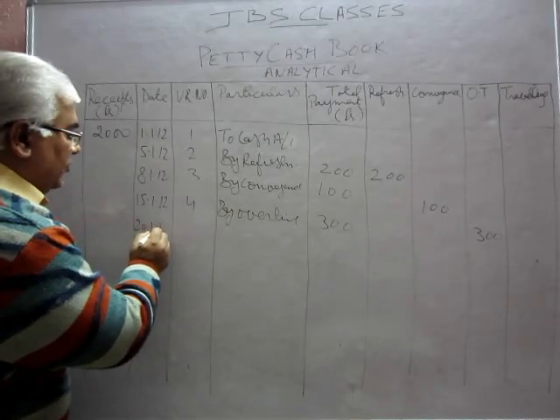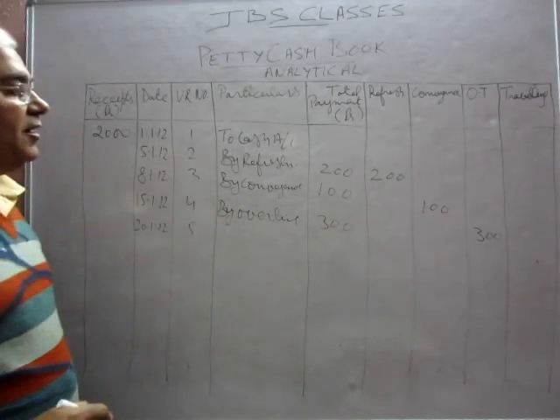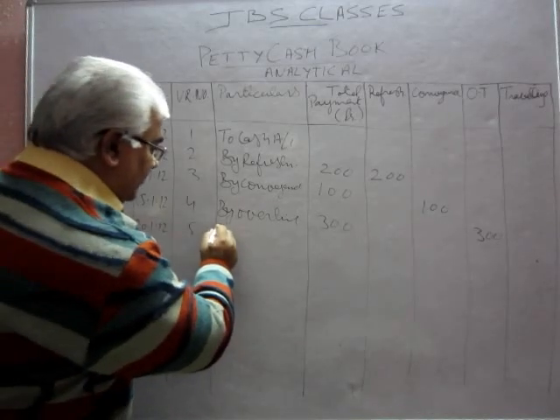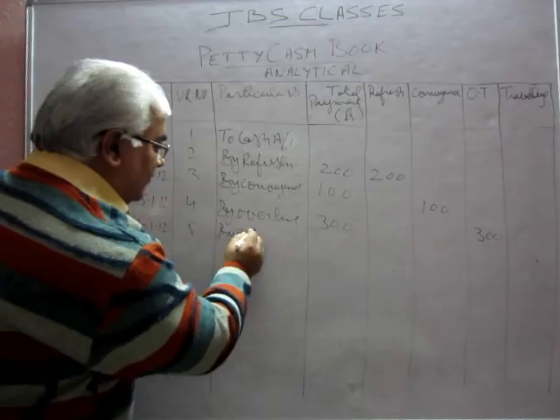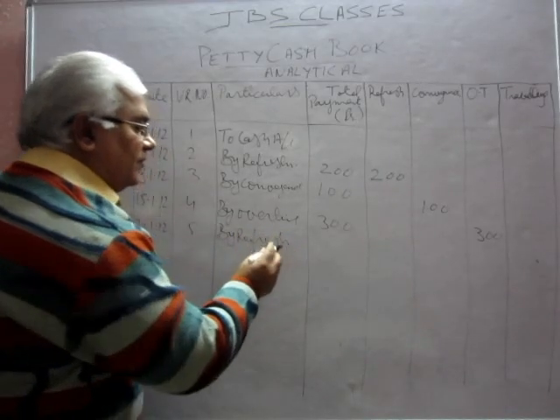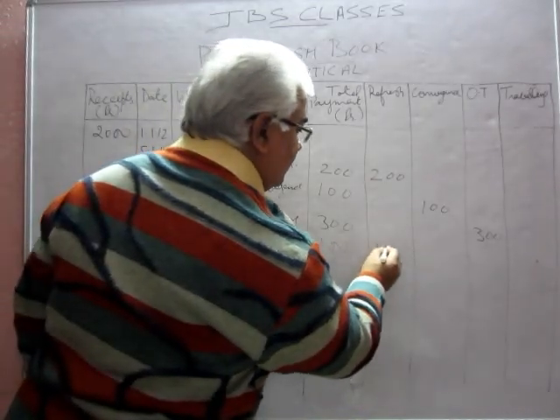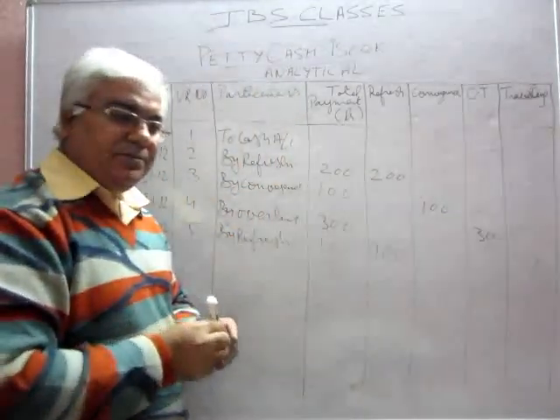On 21/1/12, voucher number 5, he again makes a payment for refreshments. Say if it is 100 rupees, 100 rupees.